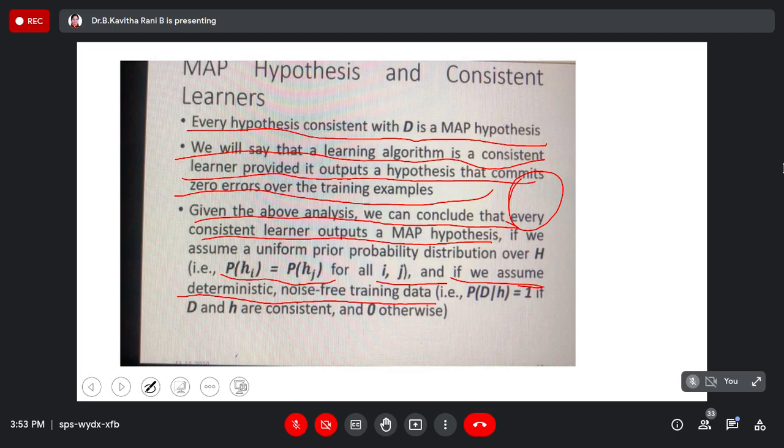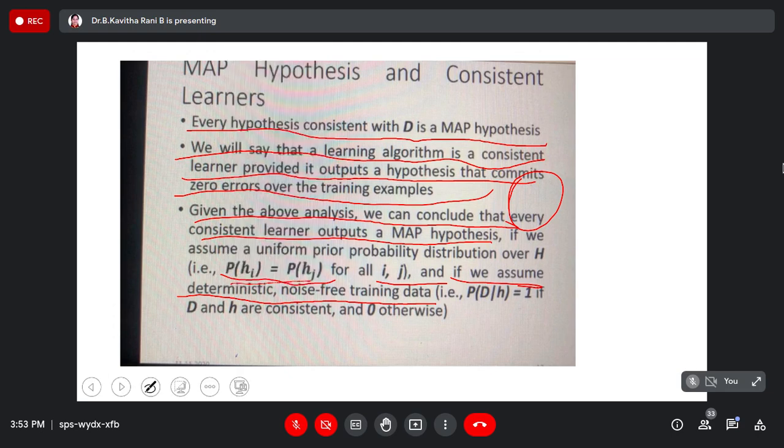If we take that particular data, it gives the learner a consistent hypothesis. For any algorithm, that particular hypothesis is consistent. So that is P of Hi is equal to P of Hj.